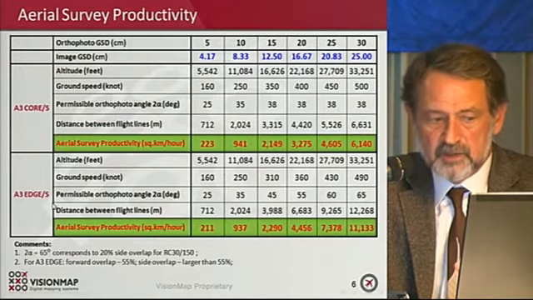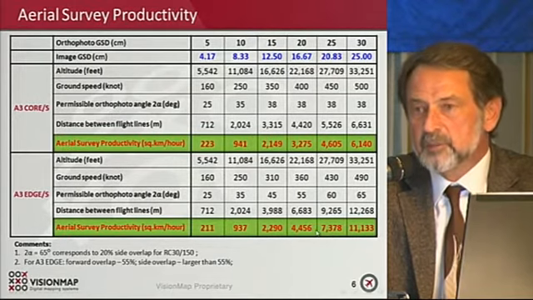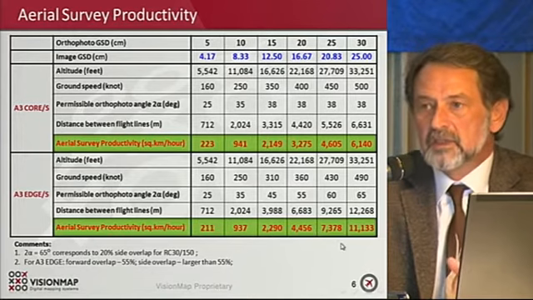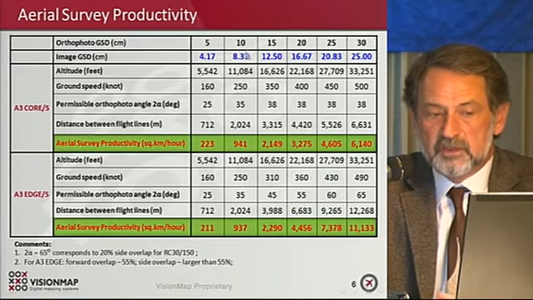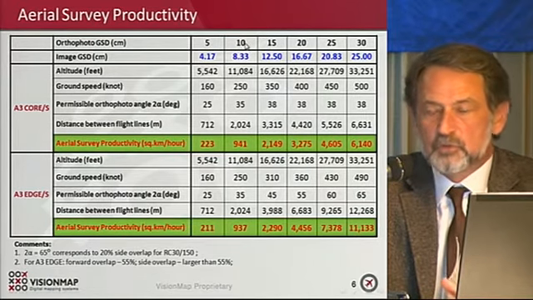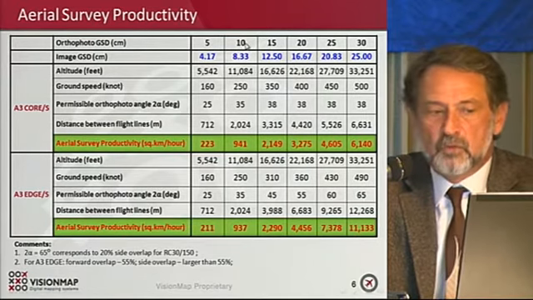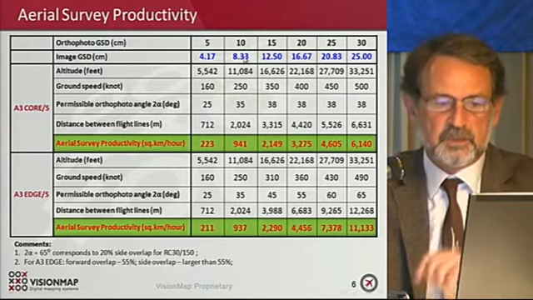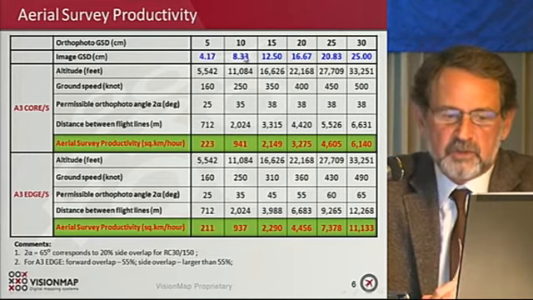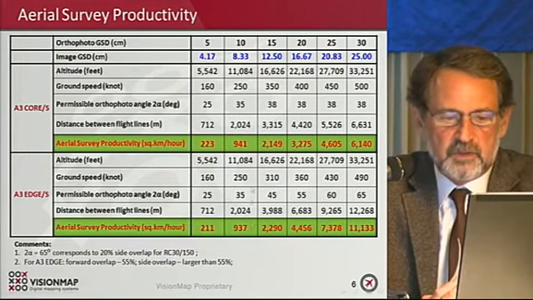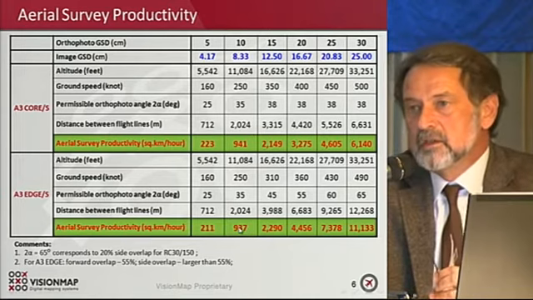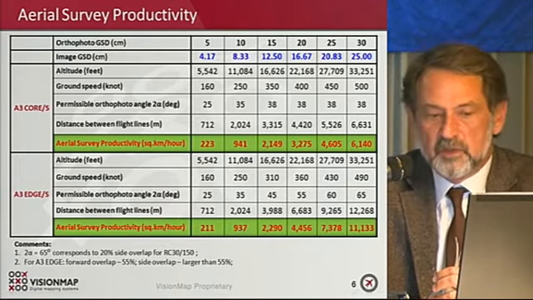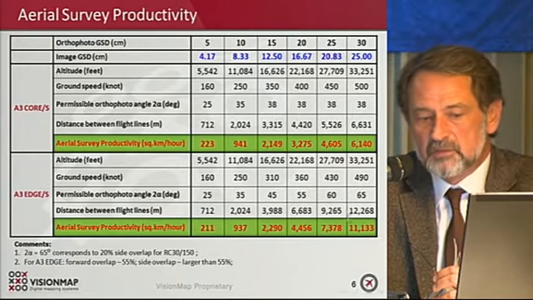This is aerial survey productivity data for A3 Core and A3 Edge. We are talking thousands of square kilometers every hour of aerial survey. If you need to have 10 centimeter orthophoto and you obtain 8 centimeter accurate resolution, then every hour you will be able to generate 1,000 square kilometers.